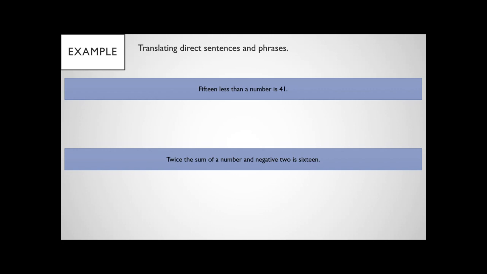So I'm going to start with my first example, the one on top. It says 15 less than a number is 41. So first thing I always do is look for the word is. So I've got an is, so that's going to be where the equal sign is.